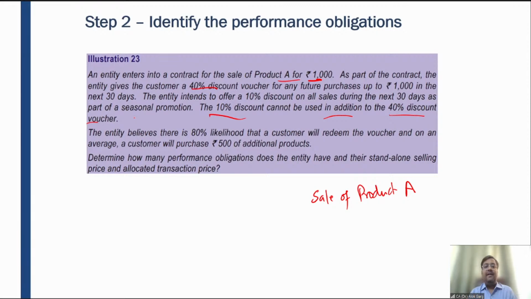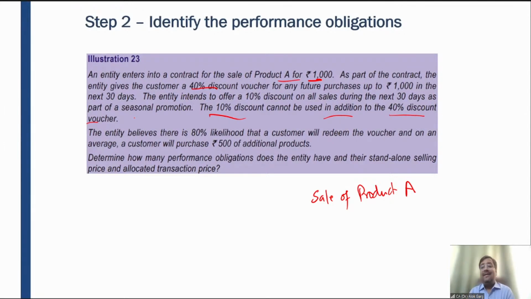So the entity believes there is an 80% chance that the customer will redeem the discount voucher and avail the additional discount of 30%, right? The 10% I will give to everyone, but for this customer, there is an 80% chance that this customer will come and avail the discount.